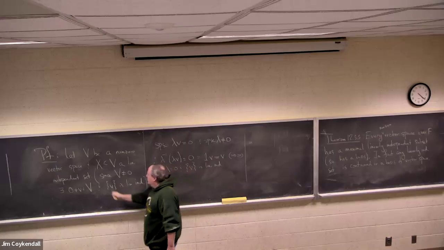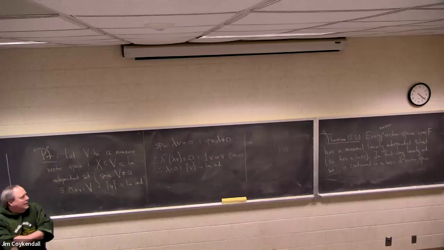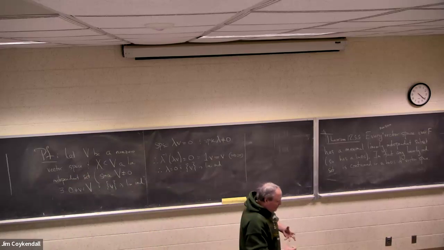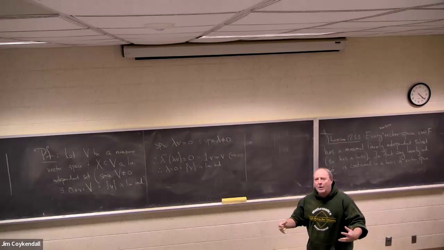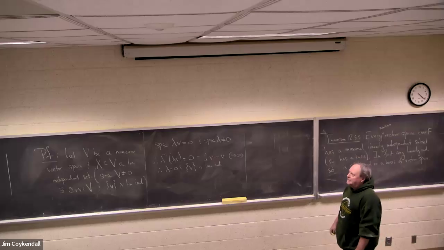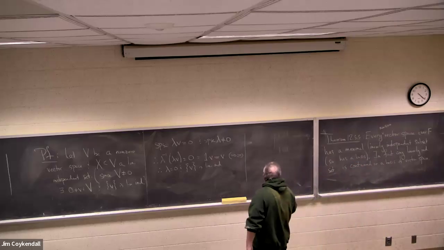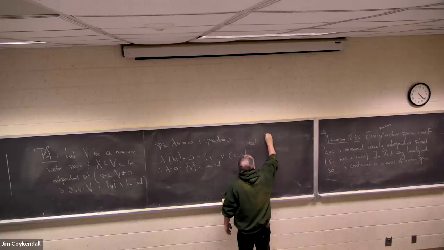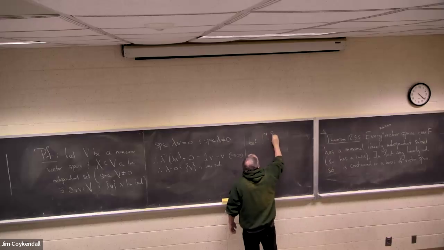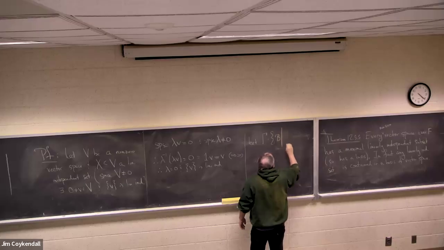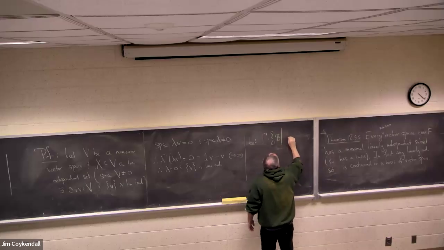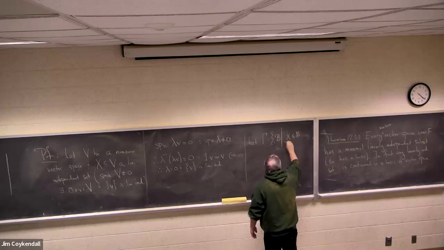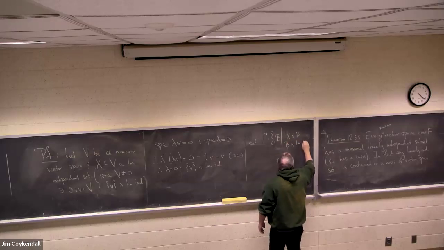So I can assume this X is not empty. So take any linearly independent set X. I'm going to spread some fertilizer on it and grow it to a maximal linearly independent set using Zorn's lemma. Let gamma be the collection of B where X is contained in B, and B is linearly independent.